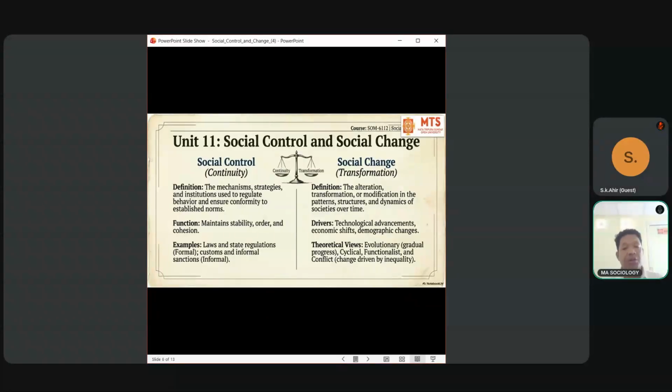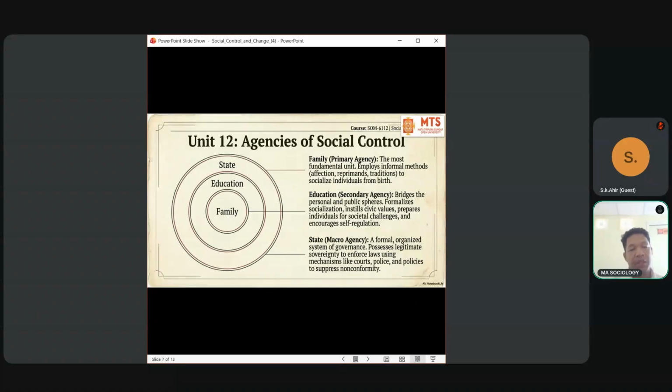Okay, so theoretically in sociology, you have to understand that evolution is more or less a slow process. Then conflict theory is more sudden, right, which takes place because of inequality. Number two, agencies of social control. The agencies of social control are family, education, and state.